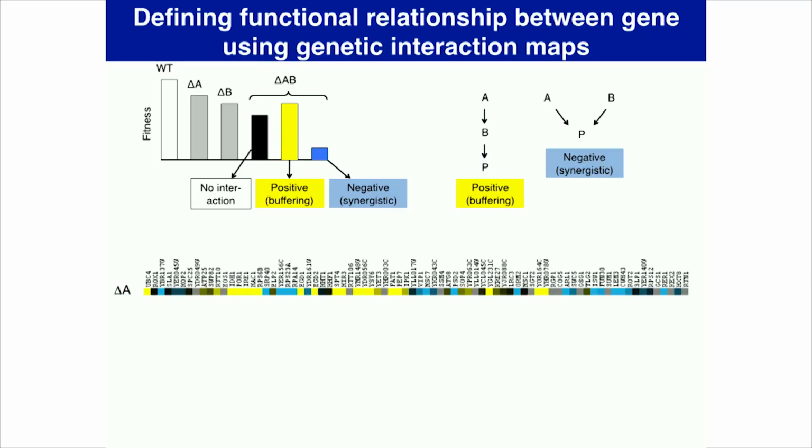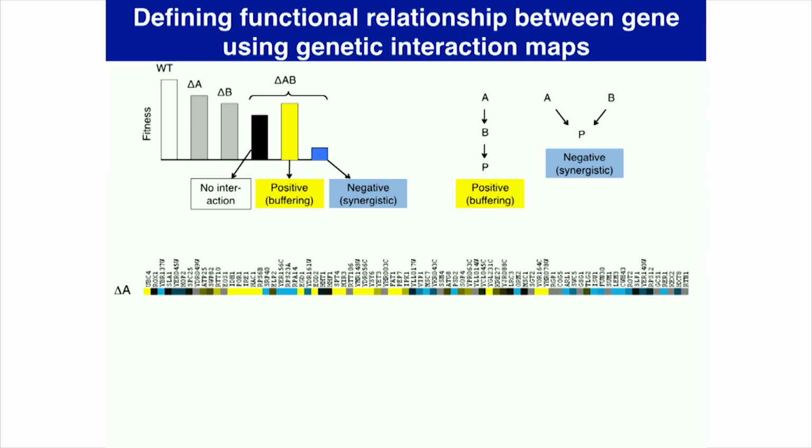What you got out of these large-scale genetic interaction maps is, for every gene, when you deleted it, its pattern of genetic interactions against, in principle, the 5,000 other non-essential genes. Here's an example of one particular gene, and you can see that it happens to have a buffering interaction with UBC4 and a synthetic interaction with RPA14, and a lot of other genetic interactions with different genes.